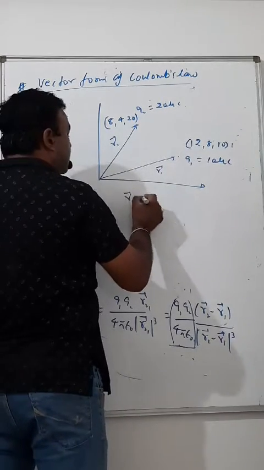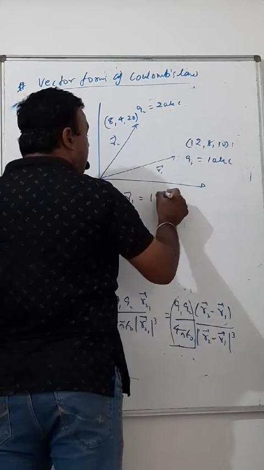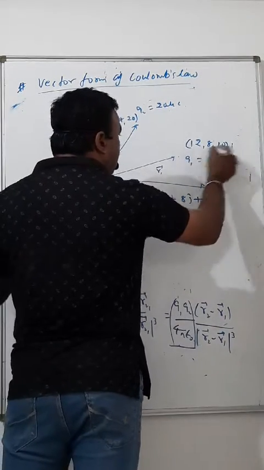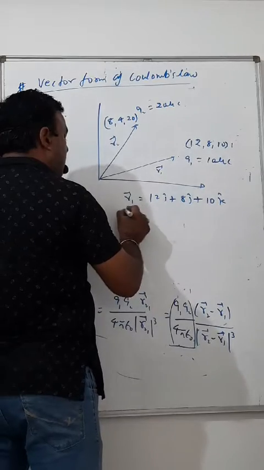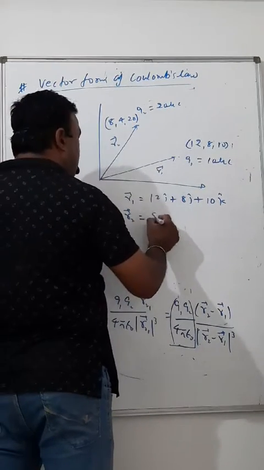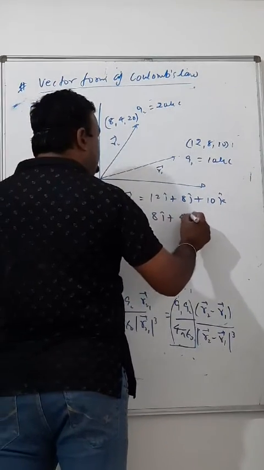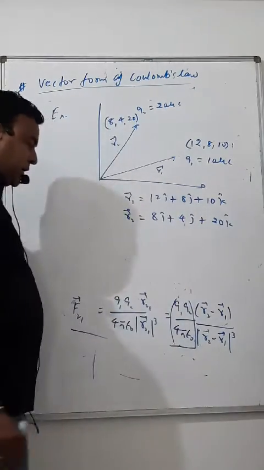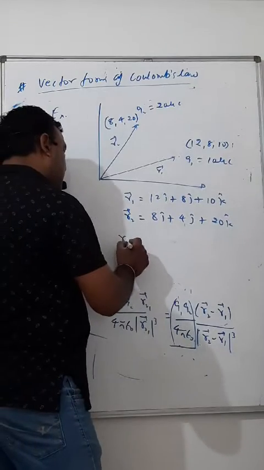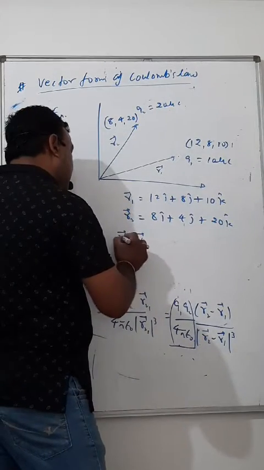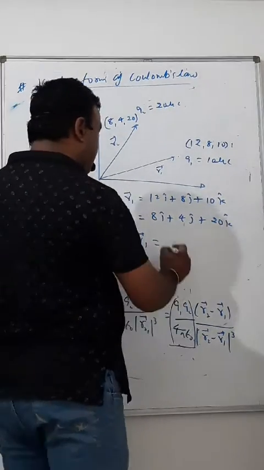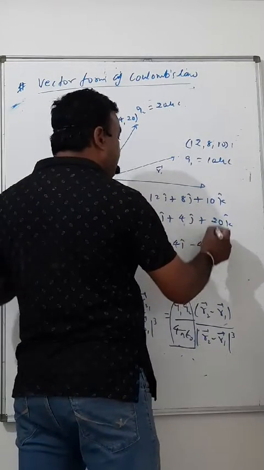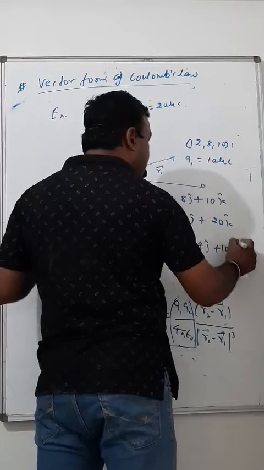Now R1 is 12 i cap plus 8 j cap plus 10 k cap. And R2 is 8 i cap plus 4 j cap plus 20 k cap. Now R2 minus R1 is minus 4 i cap minus 4 j cap plus 10 k cap.